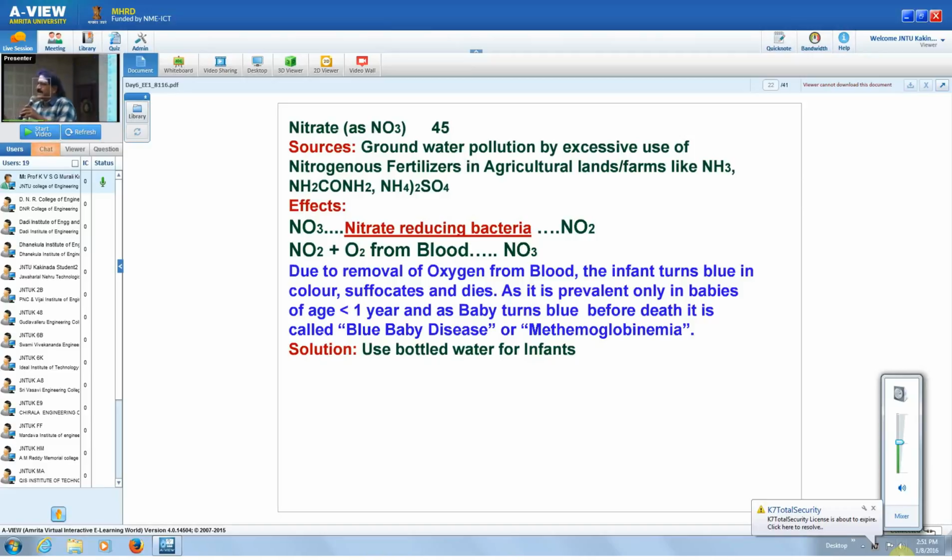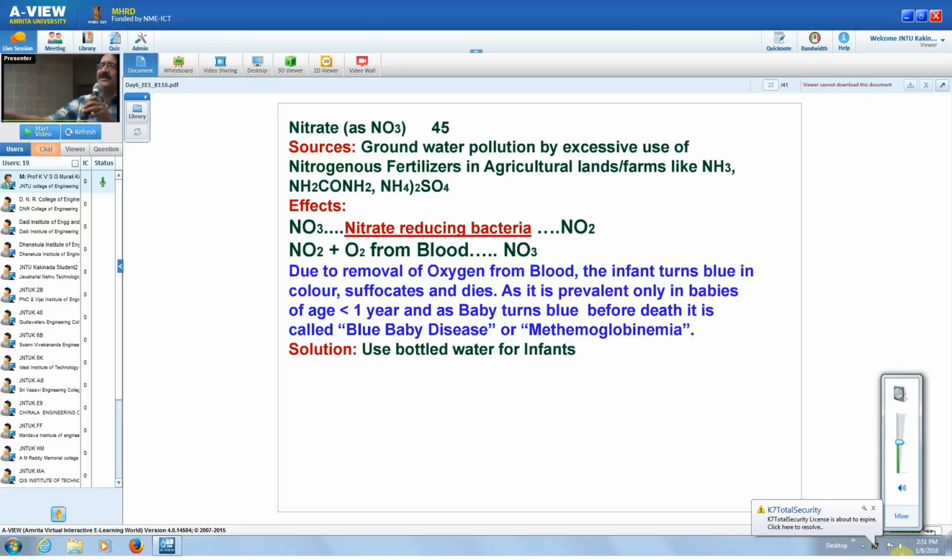So the general tendency is we use a lot of fertilizer. That fertilizer nitrogen is taken up by the plants. But do you think that every milligram of nitrogen applied will be taken up by the plant? No, it will penetrate into the ground. The rainwater will take it to the groundwater.